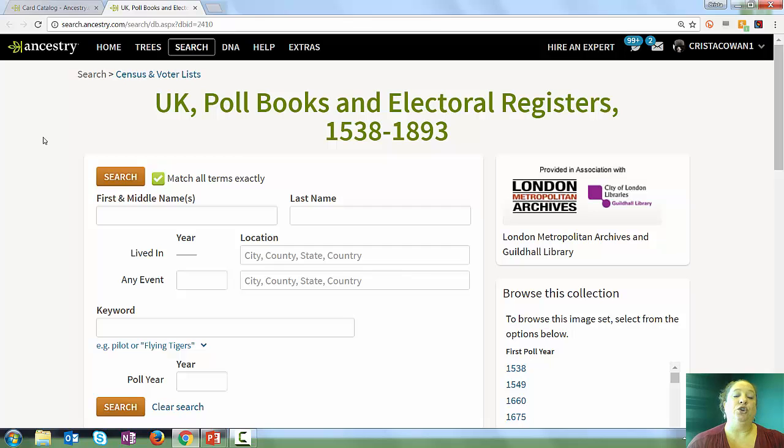Starting in 1832, across the UK, registration to vote became compulsory, which means you have to register to vote or you will be fined. And so from 1832 until an enfranchisement bill was passed, men over the age, it was 24, then it became 21, then I believe it was lowered to 18.